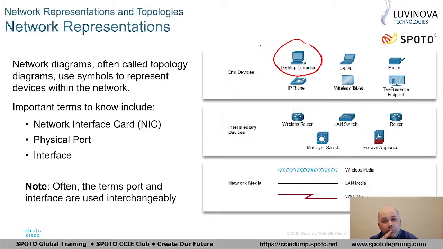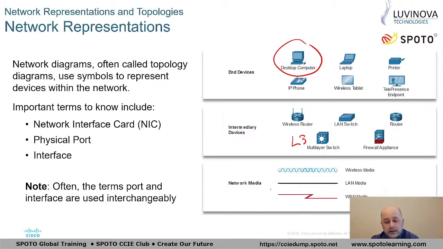But if you provide a hotspot from your mobile phone to another person, then your phone became an intermediary device. Intermediary devices here are a wireless router, LAN switch, router, multi-layer switch, as we already talked about. It's a layer 3 switch which has router capabilities, and firewall appliances.